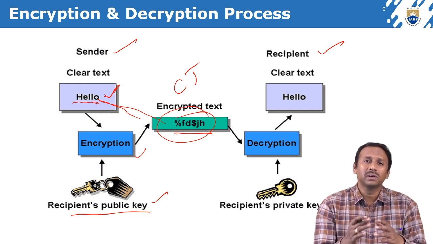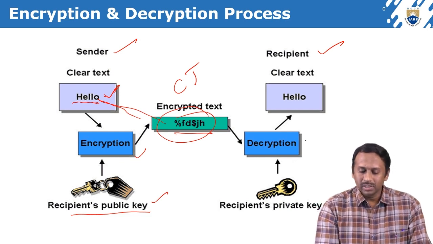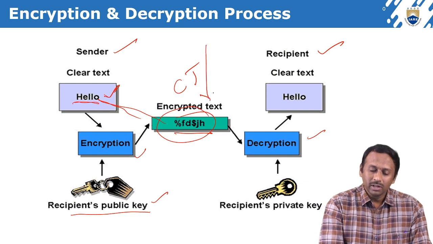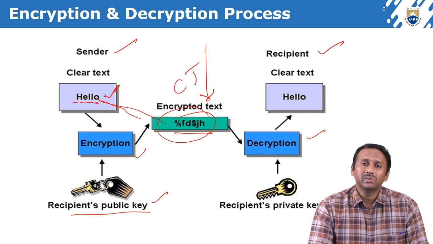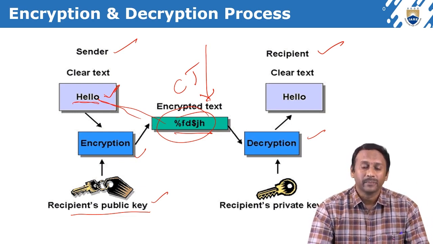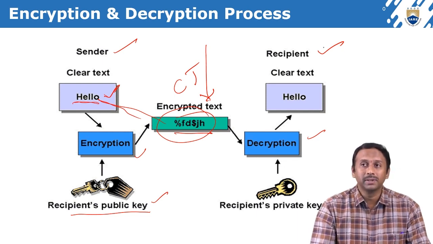Like this it is converted, and it reaches the recipient side. Even if an intruder steals this message, the intruder cannot understand what the message exactly is. Now decryption is performed at the recipient side.